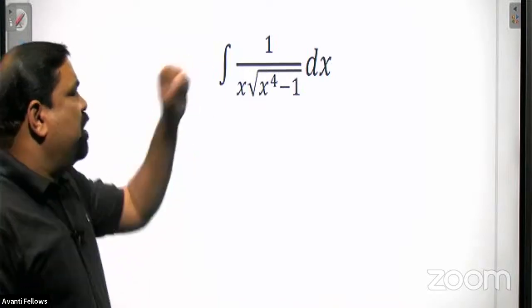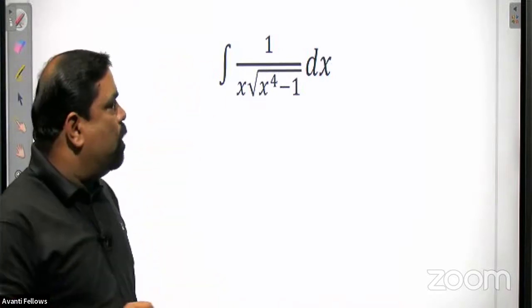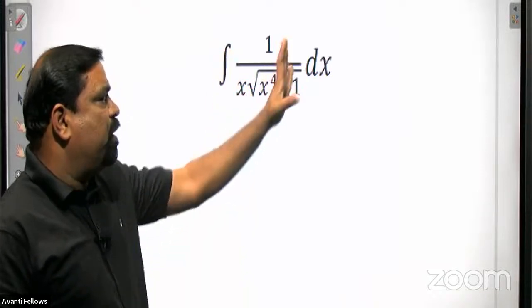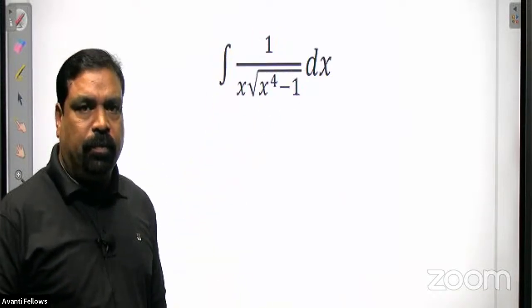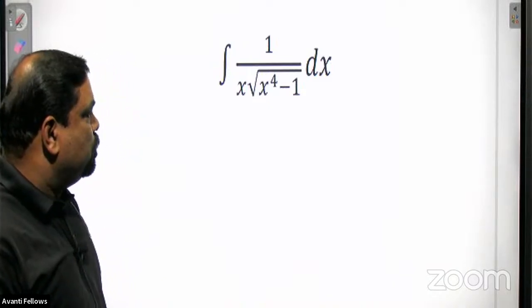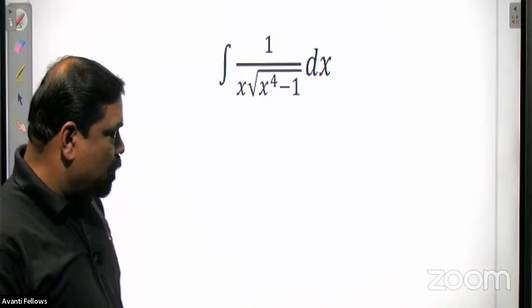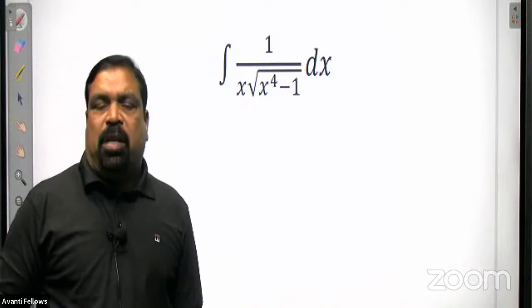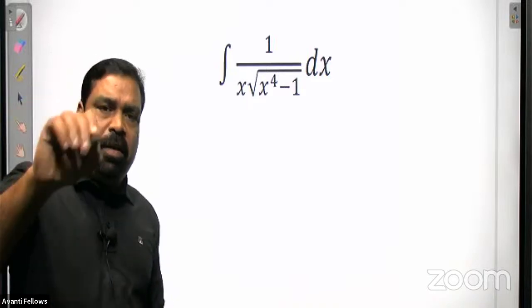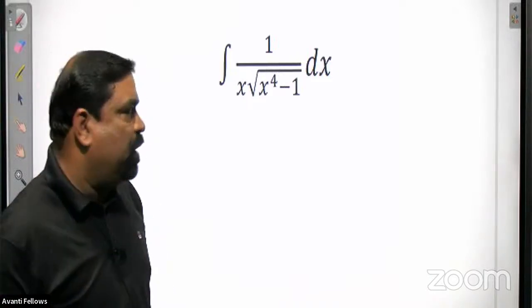Okay, so look at this problem. Integral 1 by x into root of x raised to 4 minus 1 dx. What substitution can be done, and where we have to substitute, we have to think.